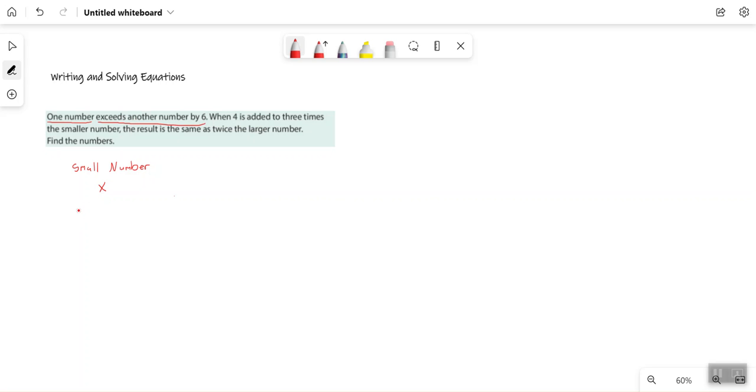So then you have the bigger number, and it exceeds this number by 6. So it's this number plus 6. You'd represent it as x plus 6.